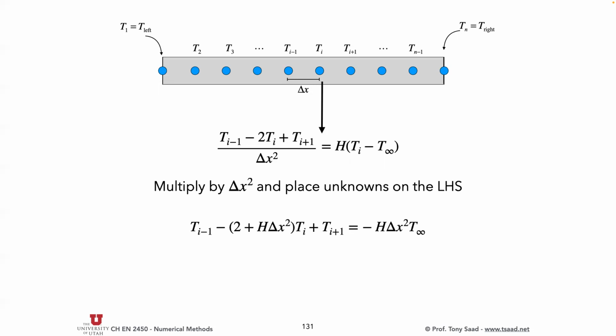Do I have a typo here? Nope. It's T infinity minus, yep. So that's correct. Ti minus 1 minus 2 Ti minus h delta x squared Ti plus Ti plus 1. So you get this formula at an arbitrary point I. Okay. So this formula is valid also at each one of those points, right? So it's valid at point 2. It's valid at point 3, at point 4, all the way to point n minus 1, correct?